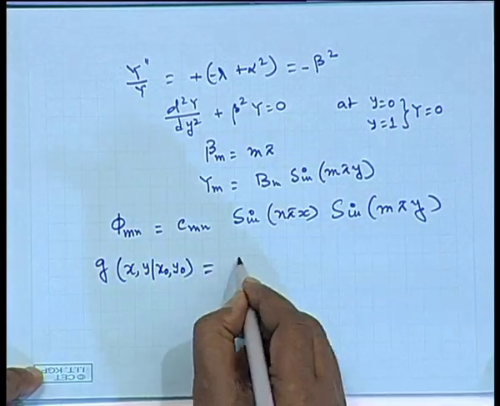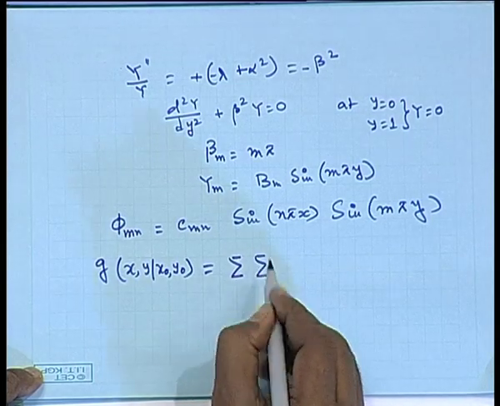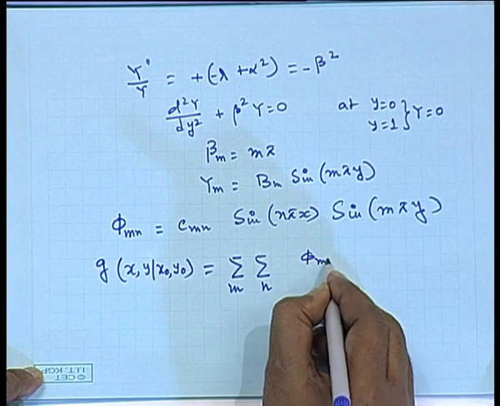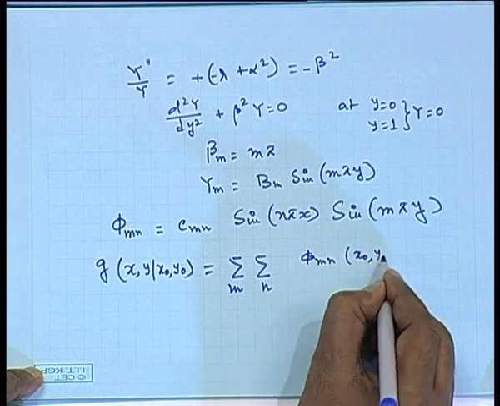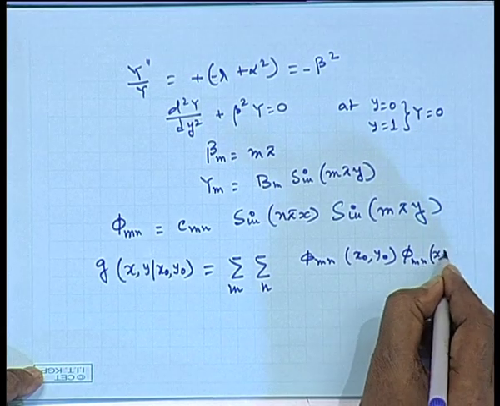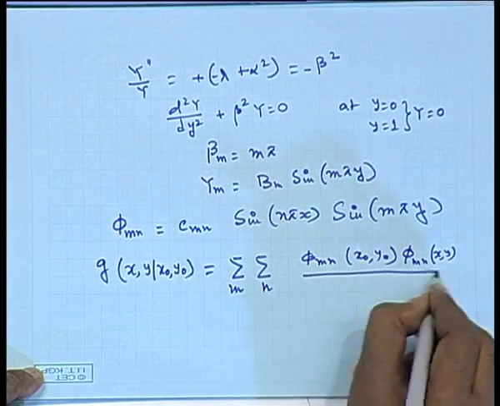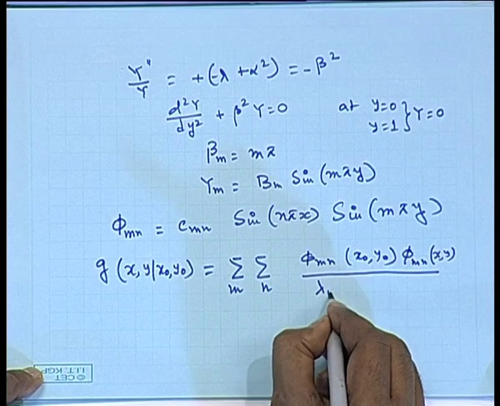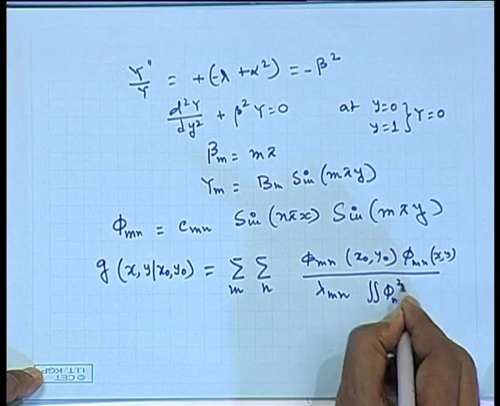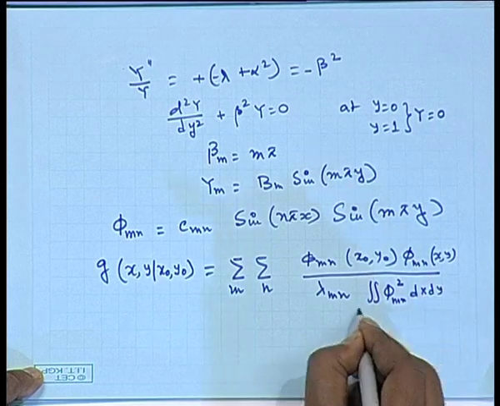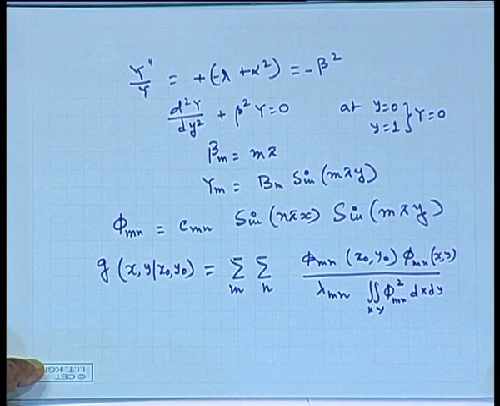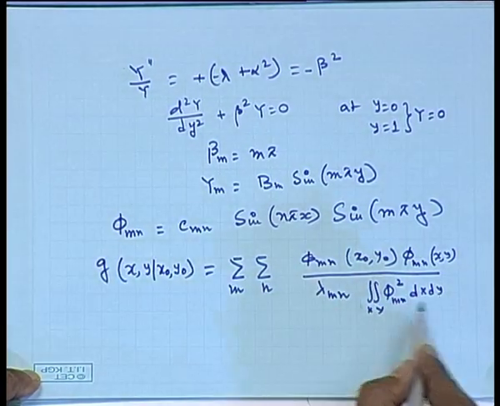It is nothing but summation over m, summation over n, phi m n x naught y naught, phi m n x y divided by lambda m n, integral of phi m n square dx dy, this is over x, this is over y. So, that is the expression of the Green's function.